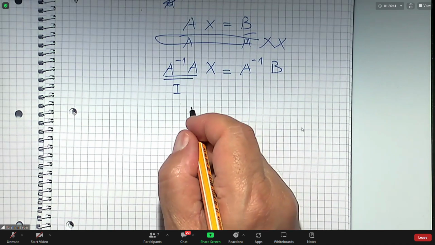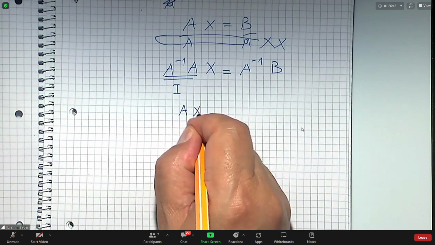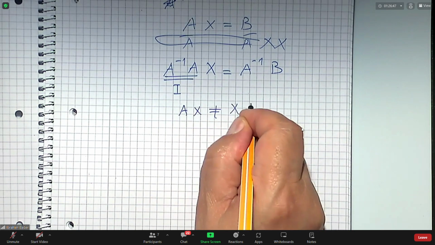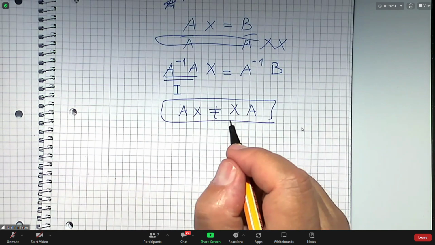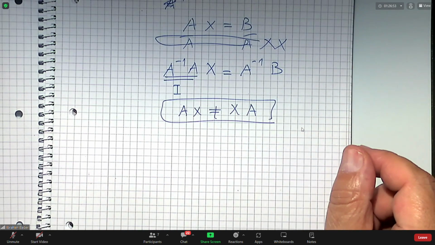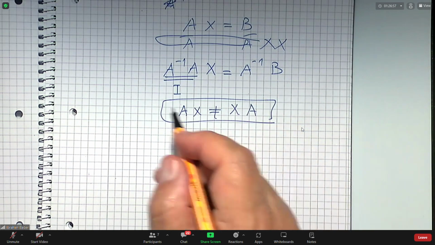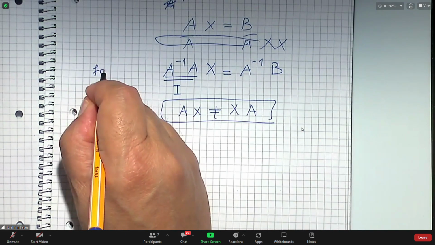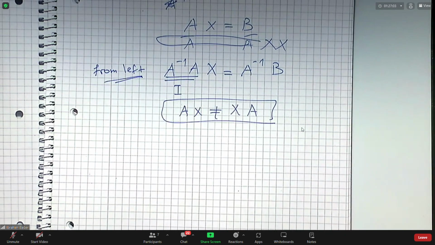Important here, since we don't have commutative behavior, that means multiplying in this case from left or right, you need to be careful, okay? It's not the same.